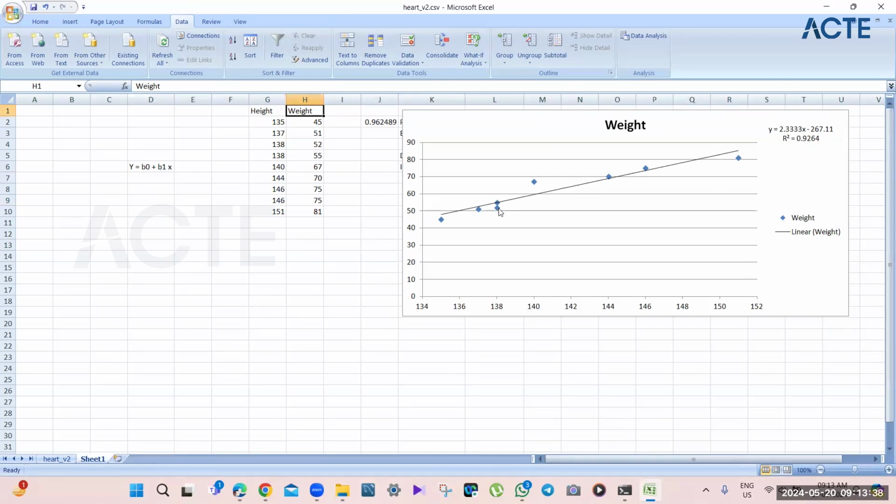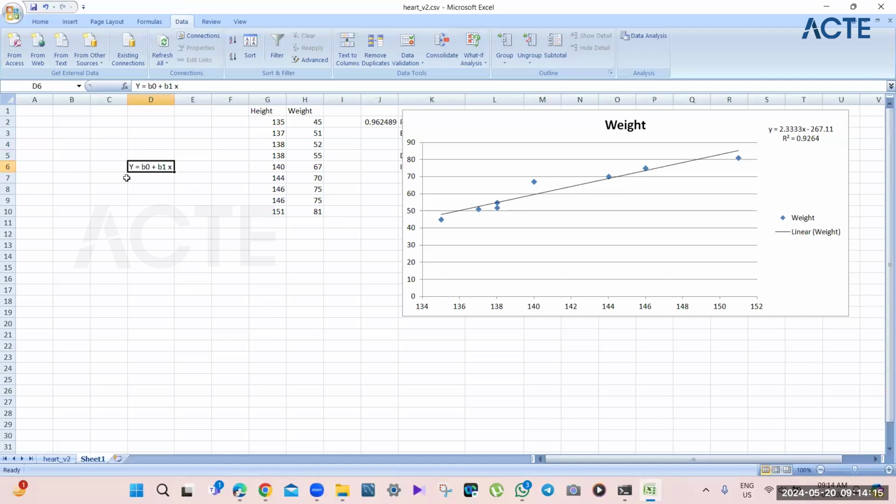This is the equation of a line. In mathematics, for any linear line, this is the equation, or they write it as y equals mx plus c. Same thing, m is the slope, the angle, and c is the intercept. In statistics, this has been replaced by beta naught and beta 1.